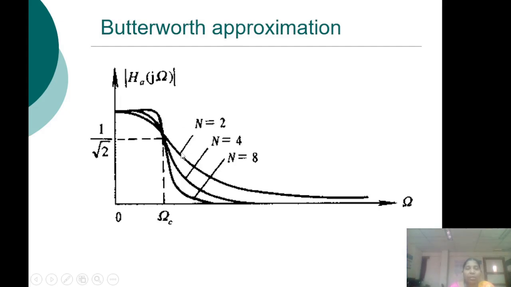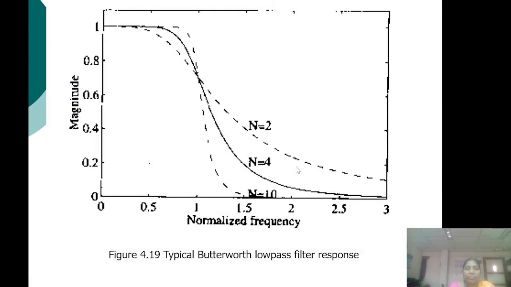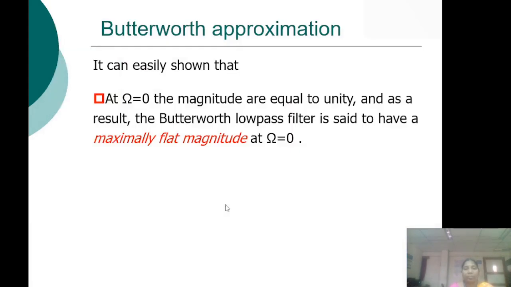For that purpose only we go for Butterworth approximation techniques. This is the magnitude response, and practically when you implement the filter you can get characteristics like this. So when you increase the order, you can bring the approximate response nearly equal to the ideal response, and in that case we go for this Butterworth low pass filter.